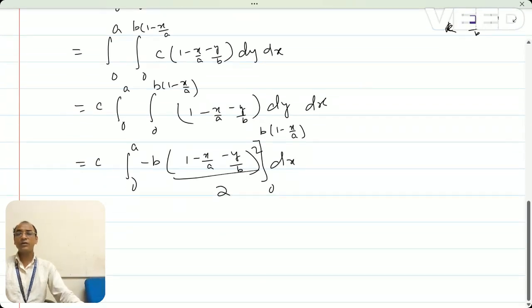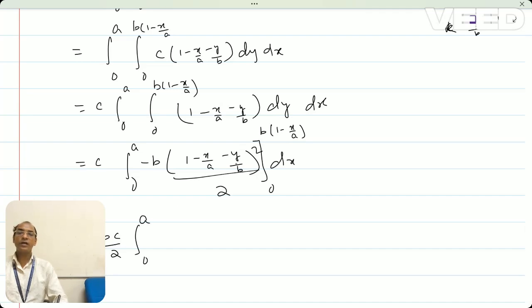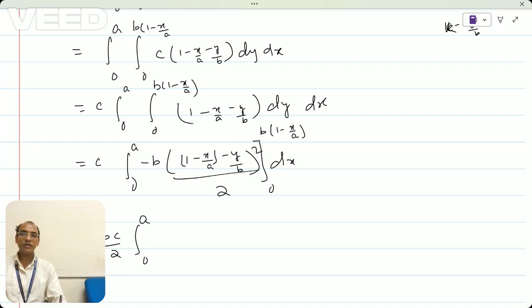Okay, so now if we simplify this one, minus bc by 2 will be there, integration 0 to a, and if I put the upper limit, that means y value b into 1 minus x by a, here b will get cancelled, I will have minus of 1 minus x by a. Here I am having plus of 1 minus x by a, and here I will have minus 1 minus x by a.